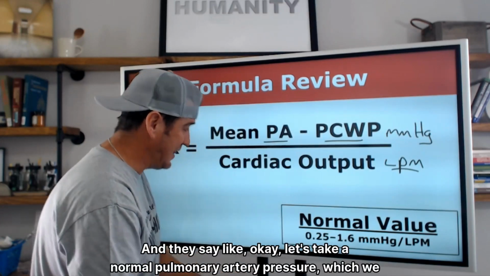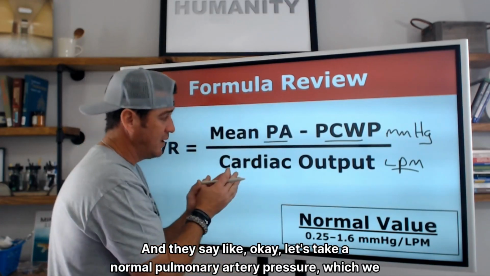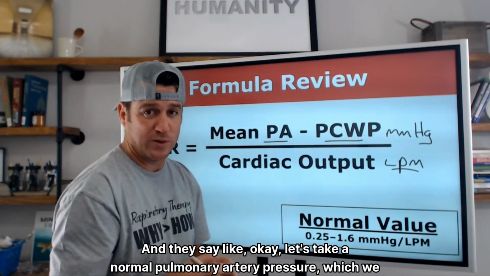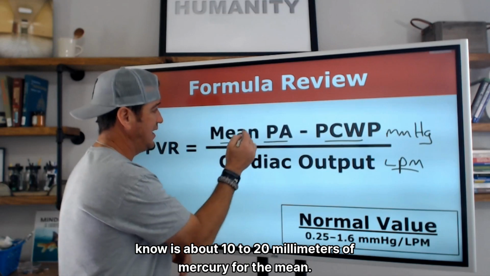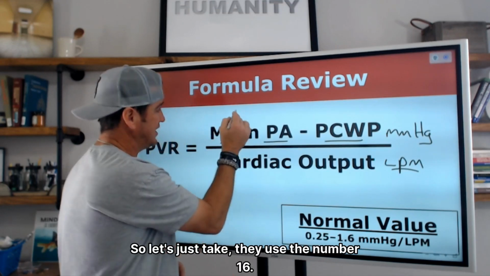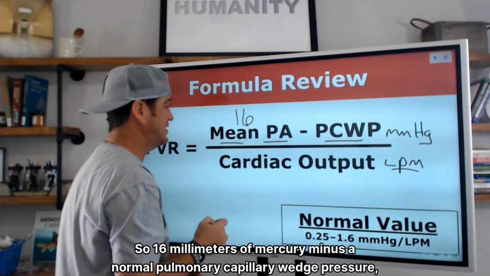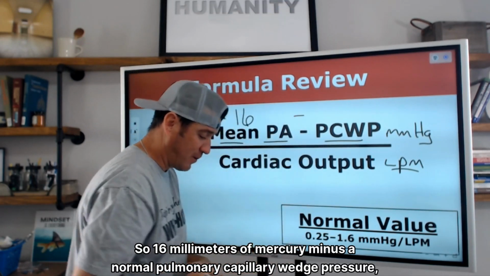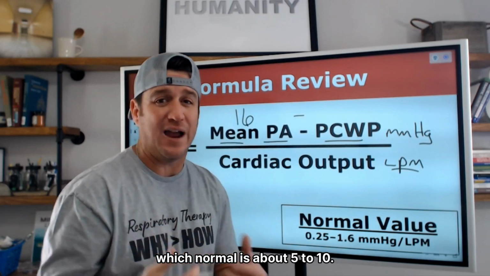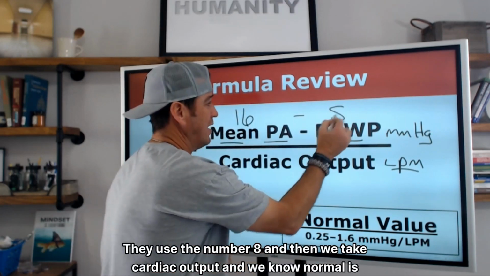They say, okay, let's take a normal pulmonary artery pressure, which we know is about 10 to 20 millimeters of mercury for the mean. So let's just take, they use the number 16, so that's what I'll use. So 16 millimeters of mercury minus a normal pulmonary capillary wedge pressure, which normal is about 5 to 10. They use the number 8.